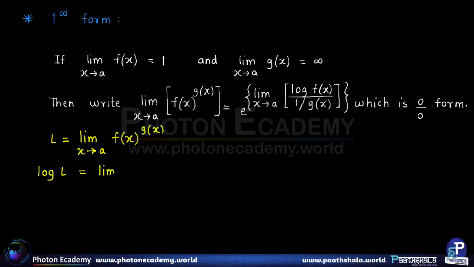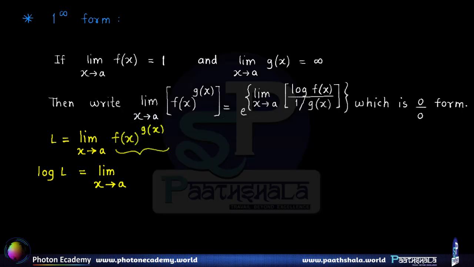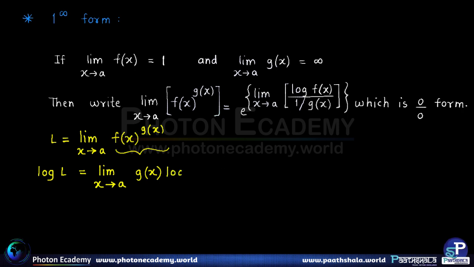now we know that log of limit is equivalent to limit of the log. So when we take the log of this particular quantity, the exponent g(x) will come down as a multiplier. So what we can write here is g(x) into log of f(x).